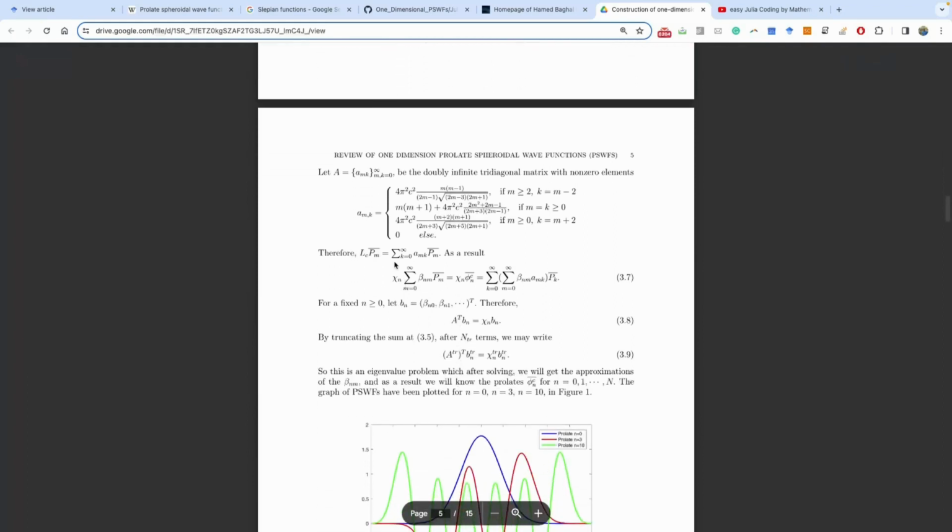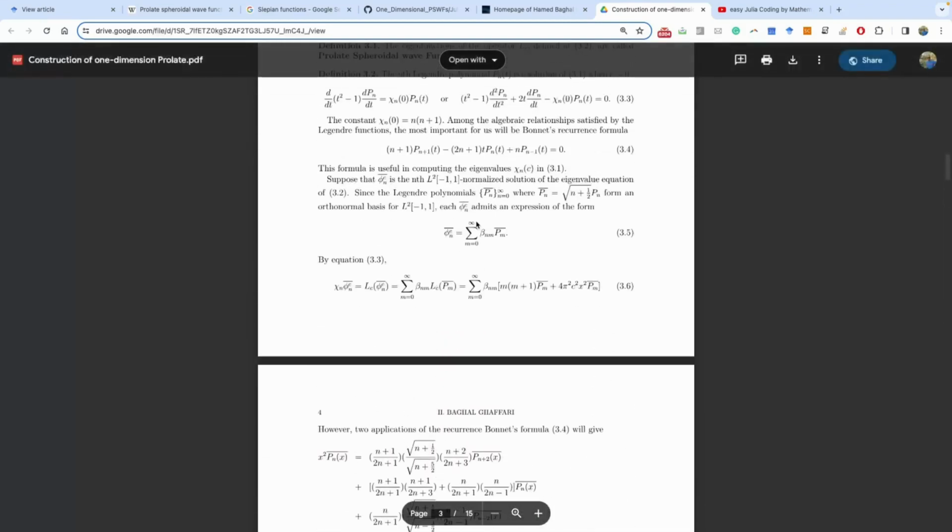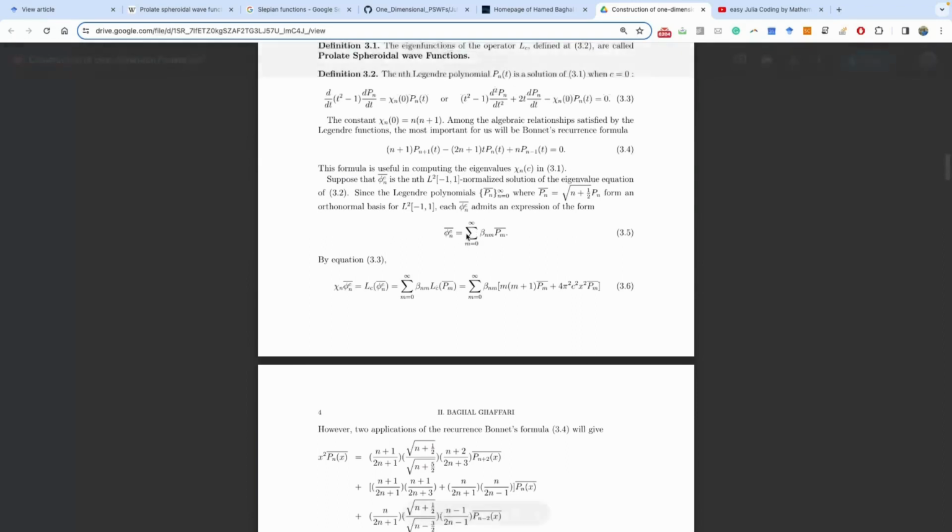At the end, we will reach this matrix, a doubly infinite tridiagonal matrix. We will have to truncate the matrix, which means we will have to truncate this summation. Actually, we will approximate the computation of the Prolate functions, but if we choose a big number, it can give fairly good precision.